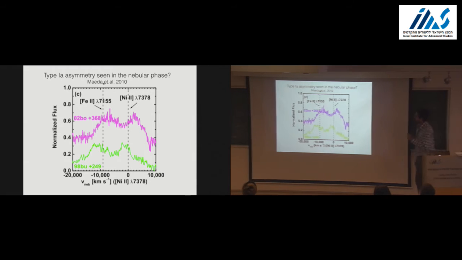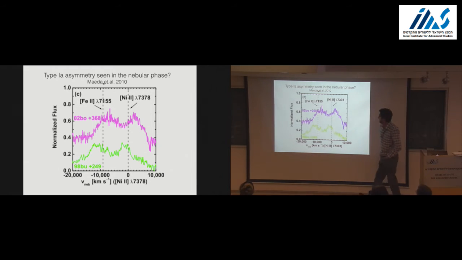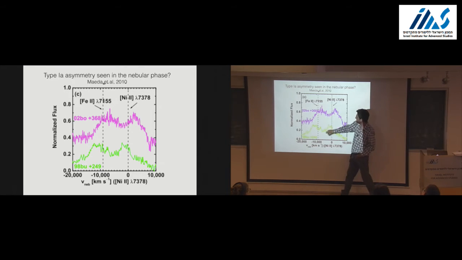Here's another example from type Ia supernova from Maeda et al., where they're looking at, again, nebular phase spectra. And in this case, we have two lines, one from iron II, another from nickel II, in two different events. And you see, in this event, the peaks seem to be shifted from their rest wavelength to the red. In this case, they seem to be shifted to the blue.